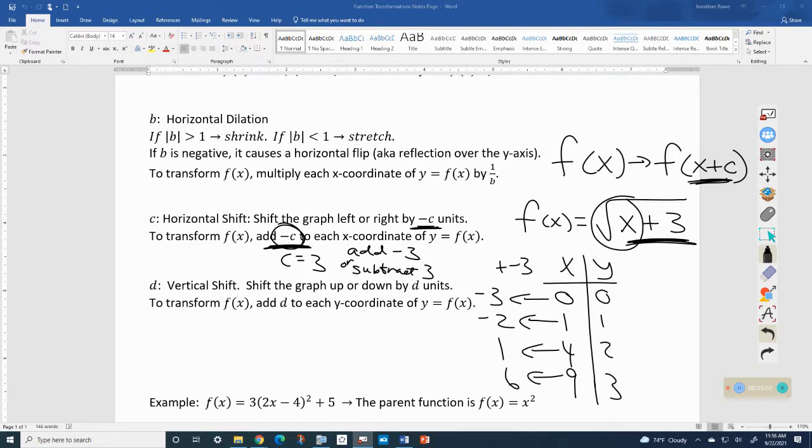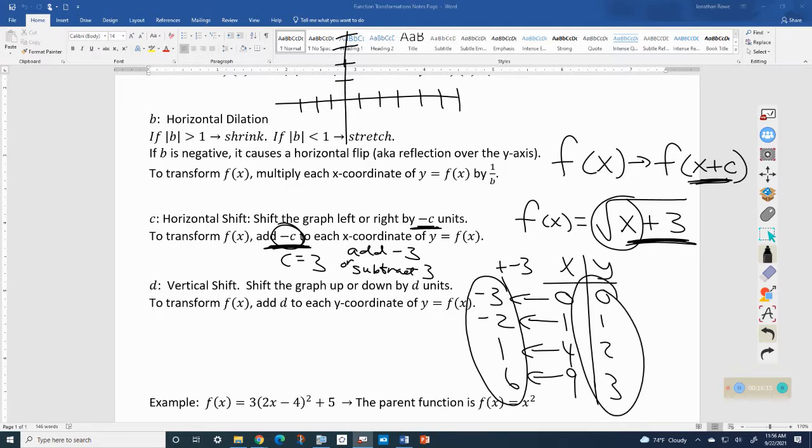So let's look at this graph. Here are my ordered pairs. My first ordered pair is negative 3, 0.